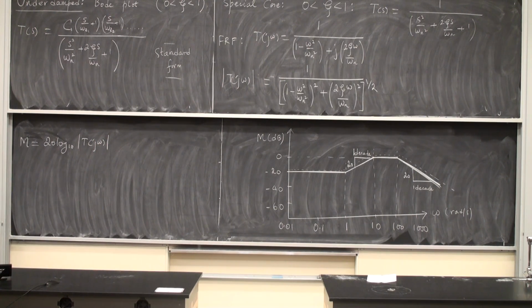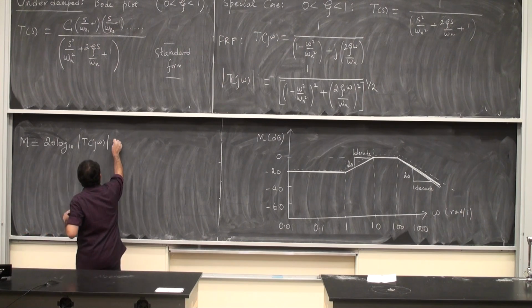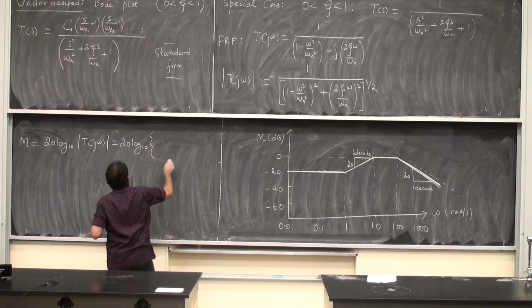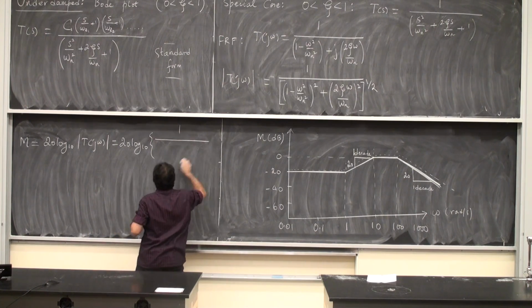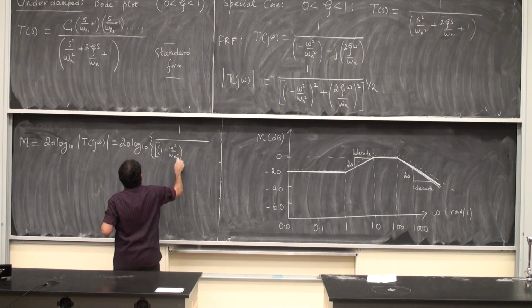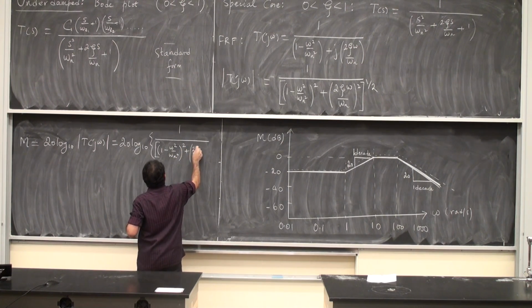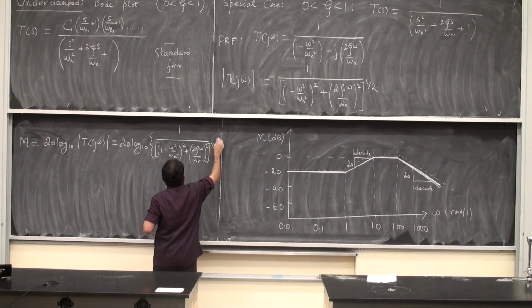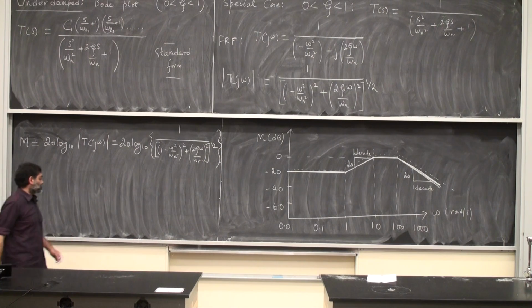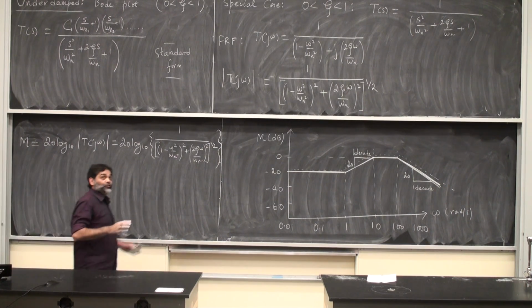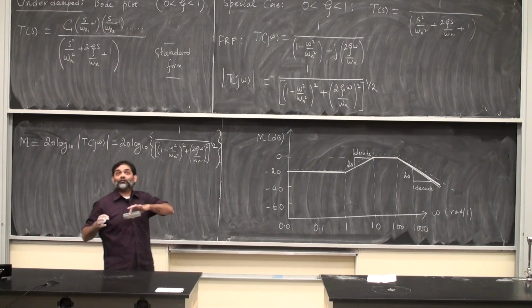So 20 log 10 of all those creatures there. That's just 20 log 10 of the numerator minus 20 log 10 of the denominator.